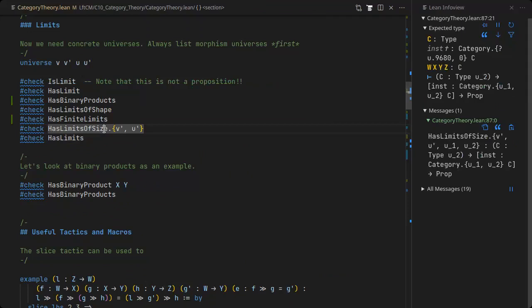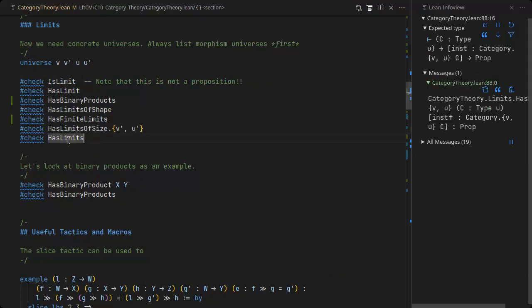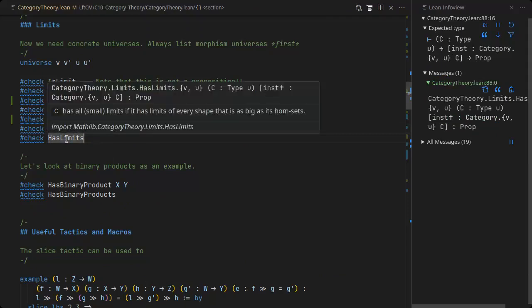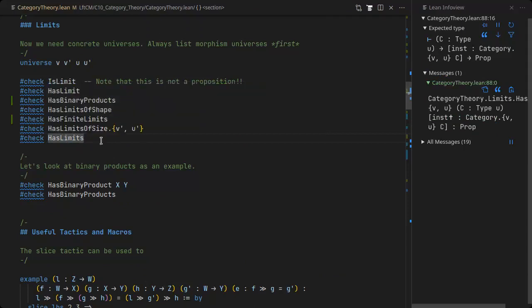And there's cases where we really need to specify that a certain category can only provably provide limits up to a certain diagram universe. And then there's a standard notion of has limits, which fixes the universe of the diagram to be the same as its home sets. And it turns out that in practice, most of the time that's what we want.